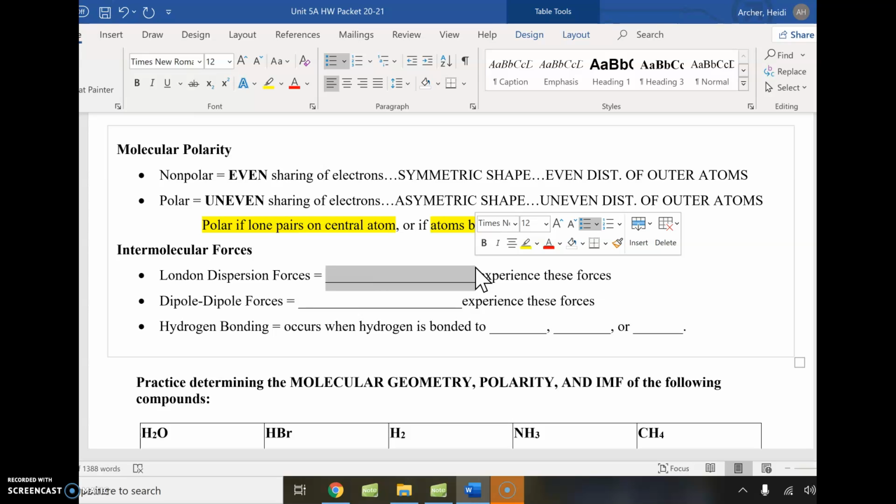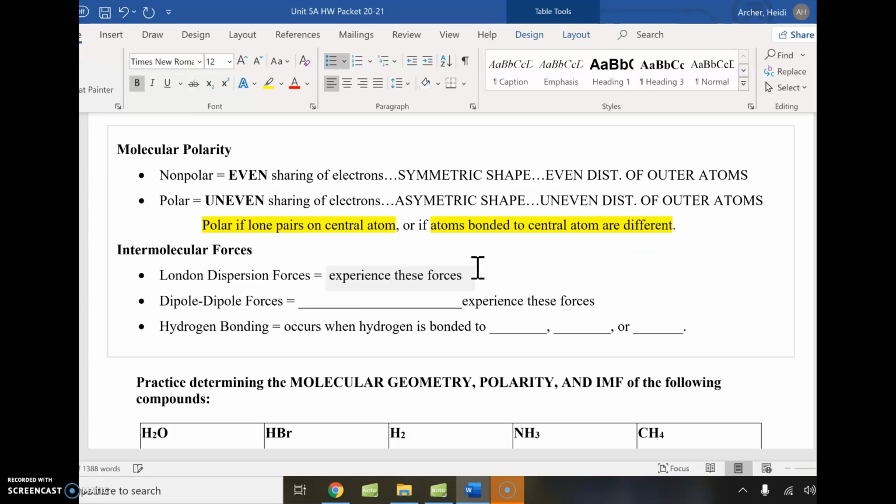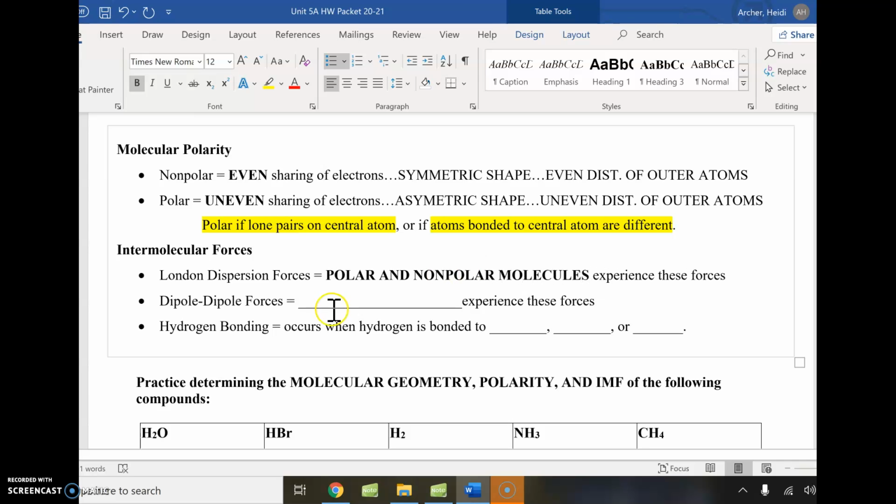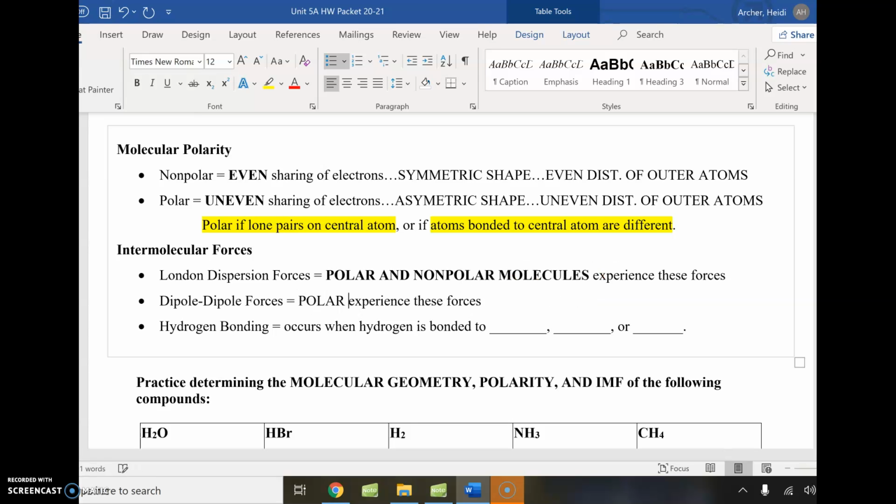So London dispersion forces are experienced by polar and non-polar molecules, okay? Dipole-dipole forces are only experienced by polar.